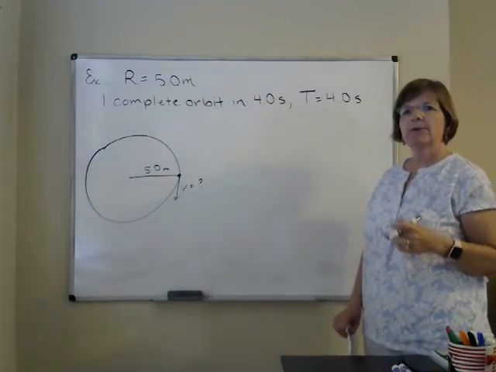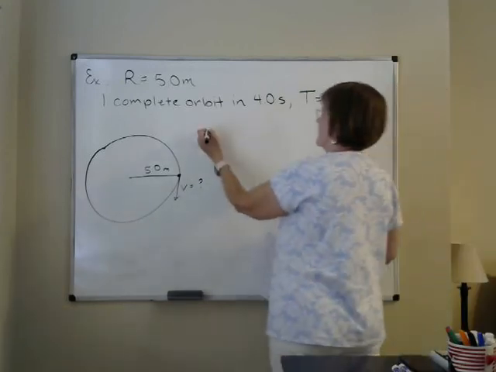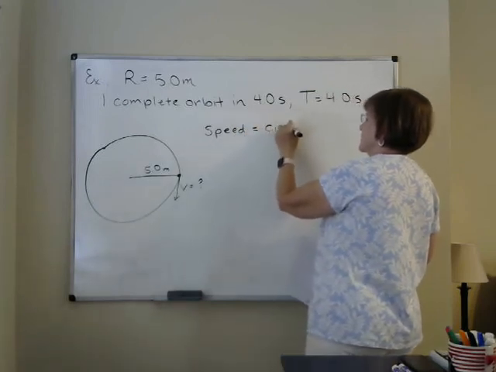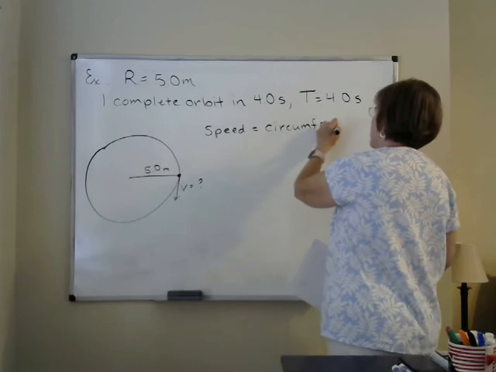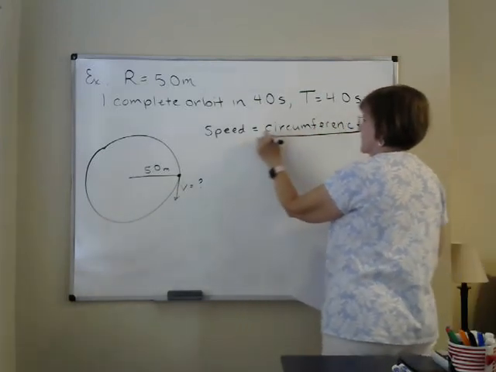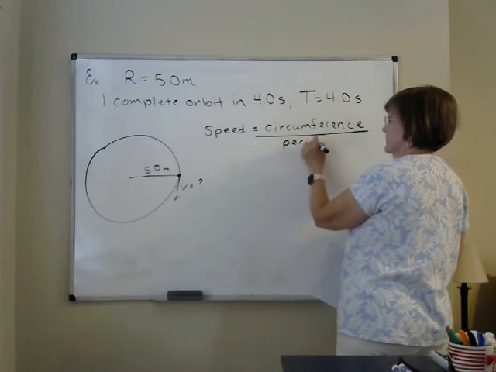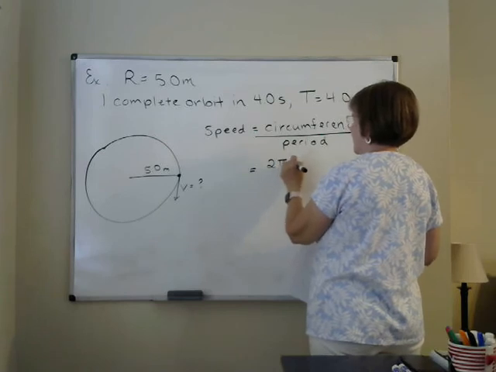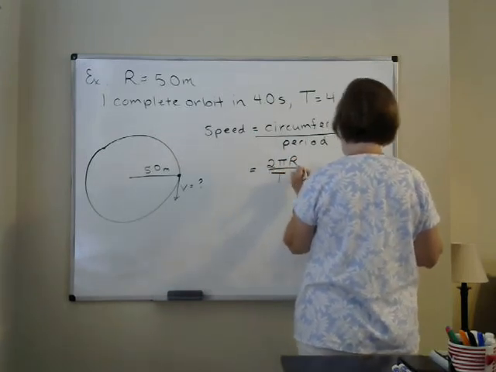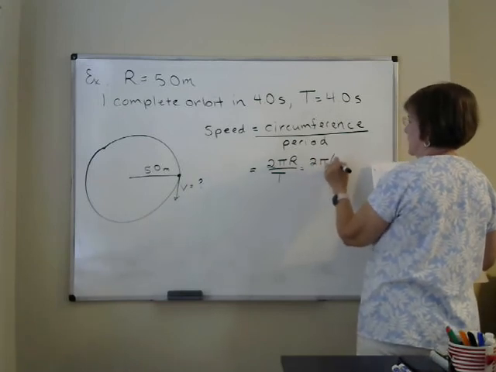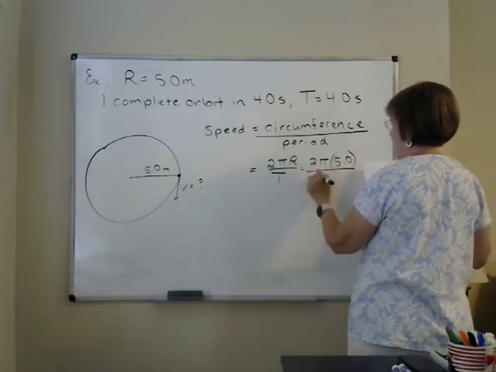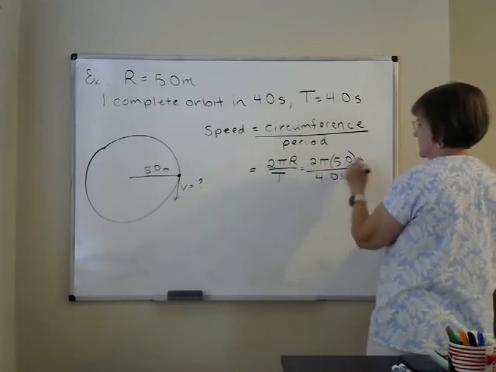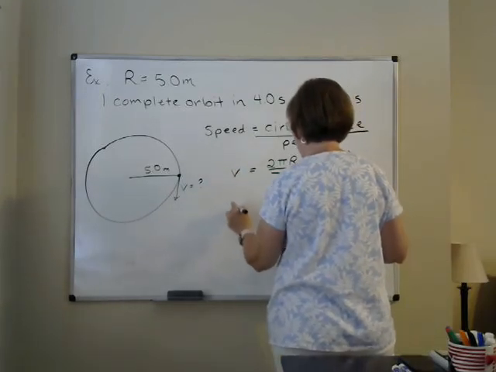When something moves in a circle, the speed can be found by the circumference divided by the period. So in this case, it's 2 pi r over T.